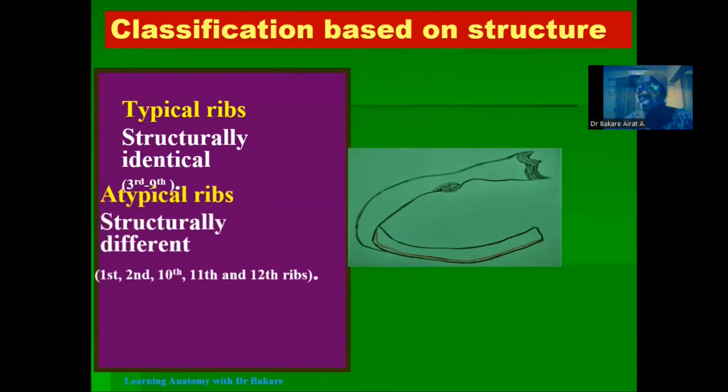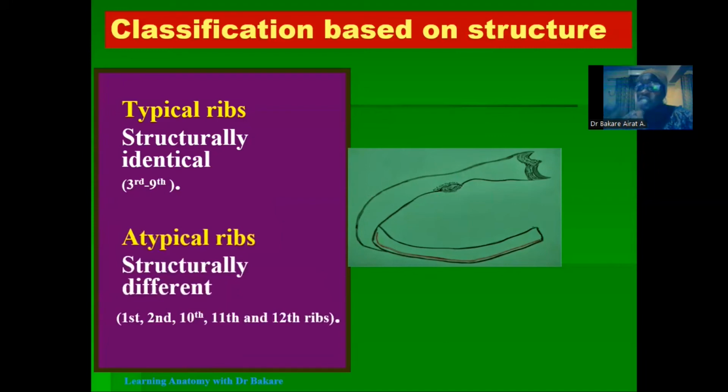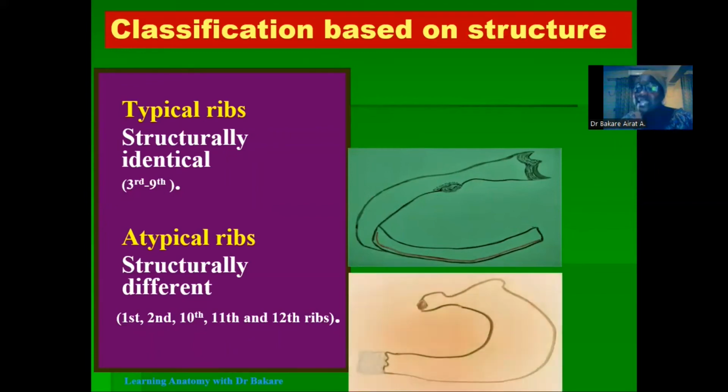For the atypical ribs that are distinct, they have special features that make them distinct from the typical ribs. And this ranges from the 1st rib, the 2nd rib, the 10th rib, the 11th, and also the 12th rib. So this is an example of atypical ribs, which is the 1st rib. And what is distinct with the 1st rib is that it is wider and broader than what is seen in the typical ribs.